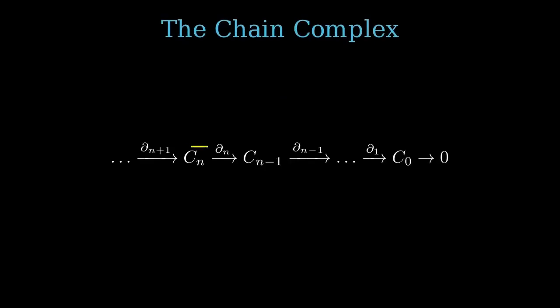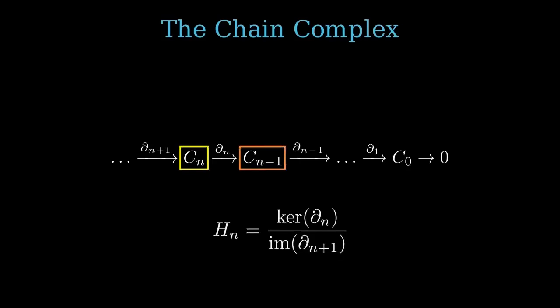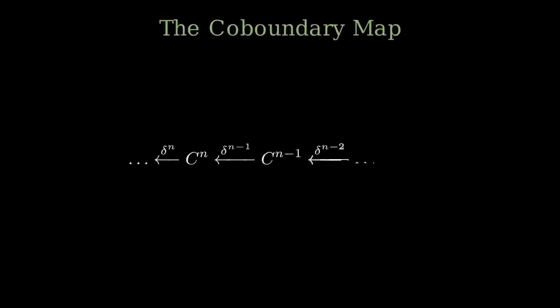We can define a group H subscript n, which we call the homology group, and is defined by the kernel of the delta n map divided by the image of the delta n plus 1 map. We can now define a cohomology also. In cohomology, basically we have the same simplex structure, but the arrows are reversed.